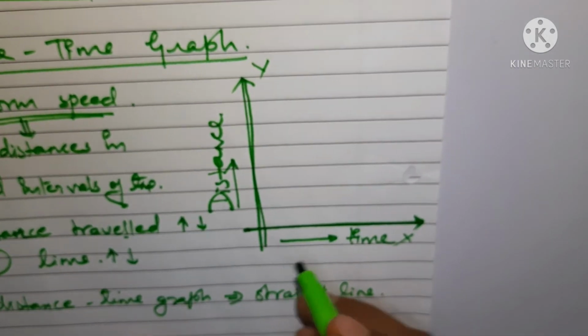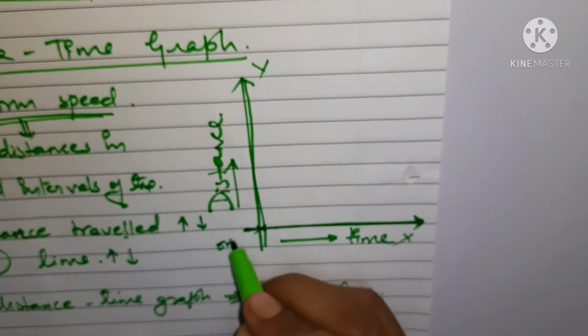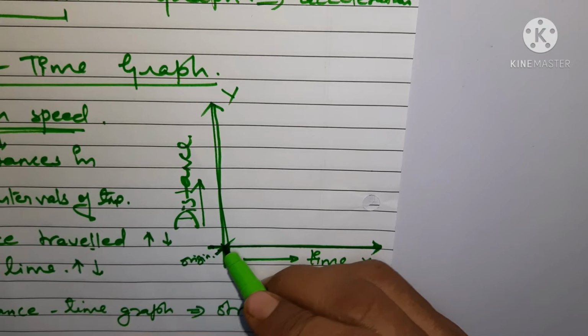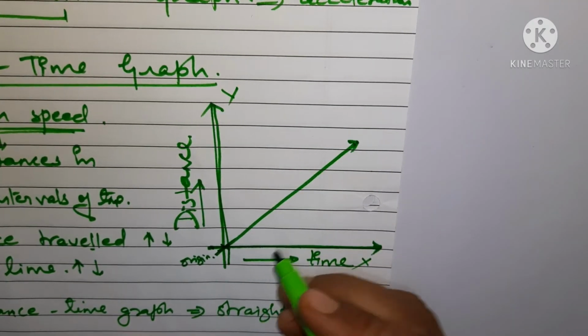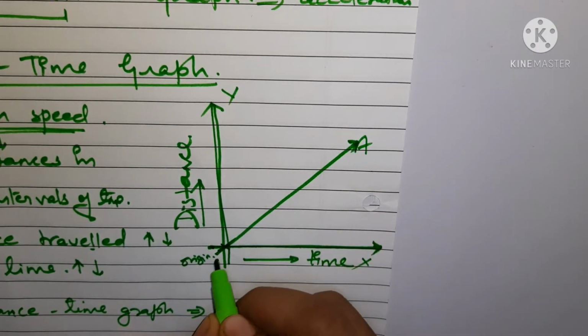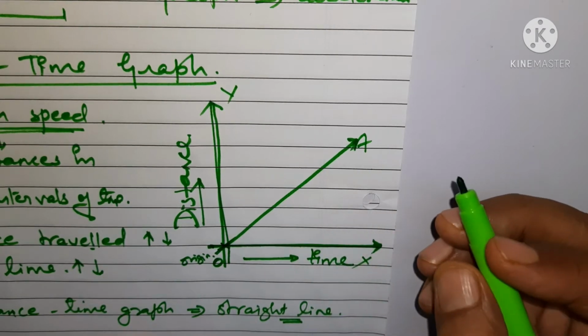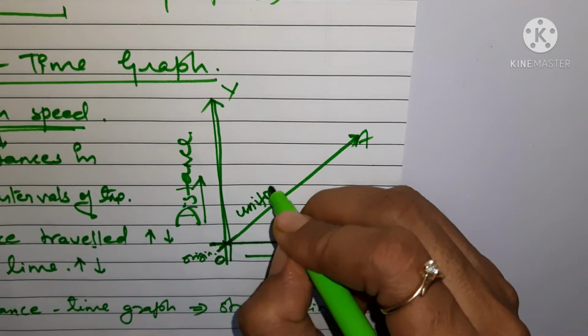The uniform speed of the object is shown by a straight line. Say this is A. Suppose the body is moving from O to A. This is your uniform speed.